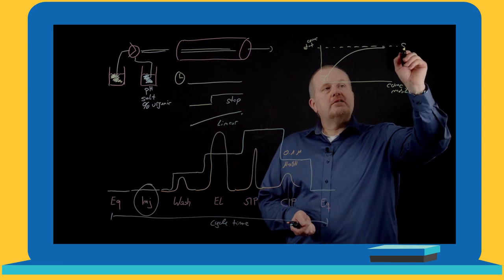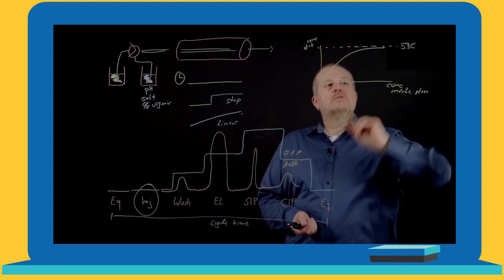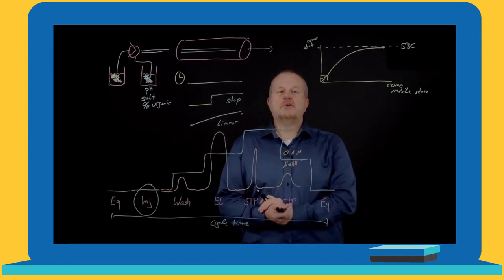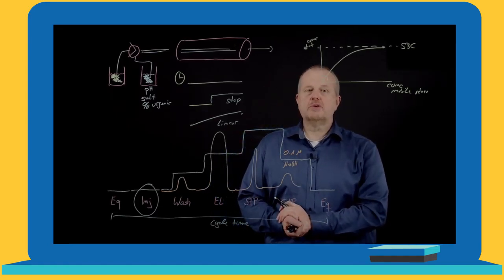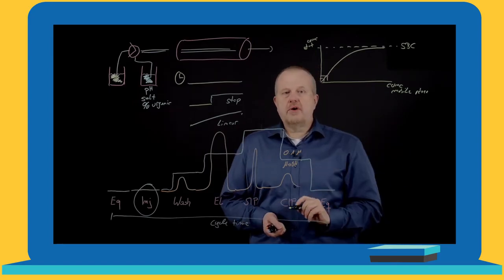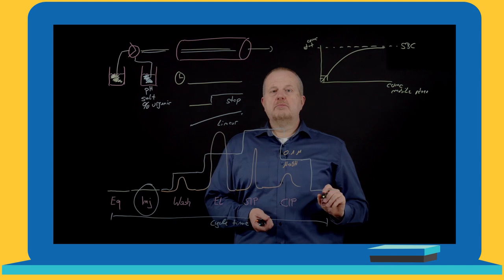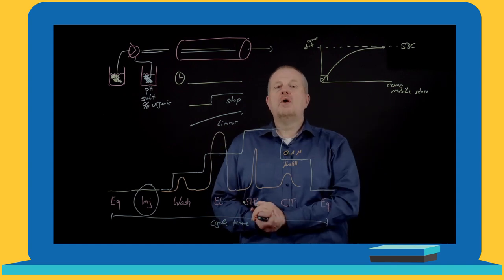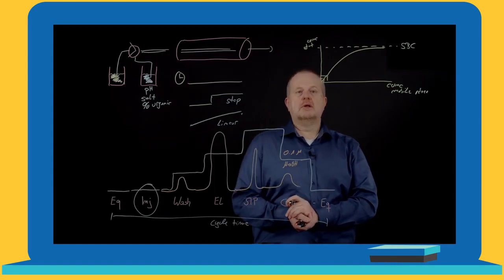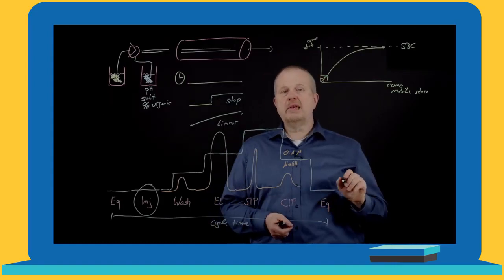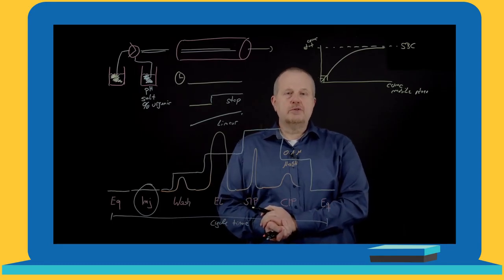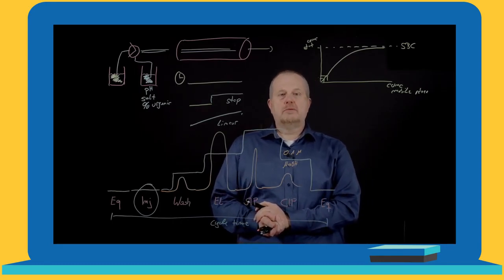And if we do that in a static way, so if we do that in a batch format, in an Eppendorf, we determine what is called the static binding capacity. Concentration of our target compound in the mobile phase, and we determine what is the capacity in the stationary phase. The higher the static binding capacity, the better the chromatographic resin is usable for your separation task.